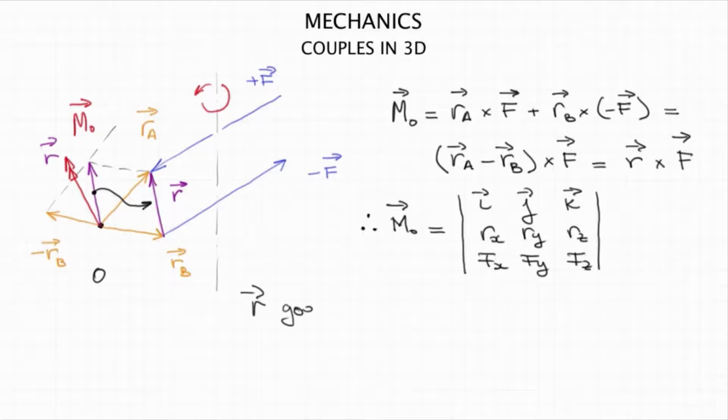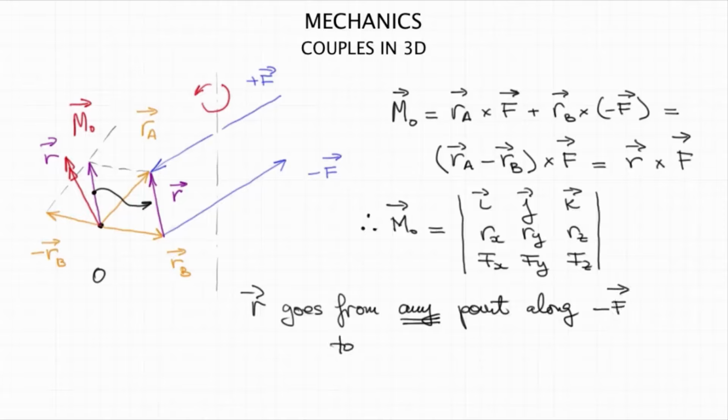What I've shown on the diagram also is the resulting moment, MO, and using the right-hand rule, one can see that these forces in this case would rotate counterclockwise, so the positive direction of MO is going up.